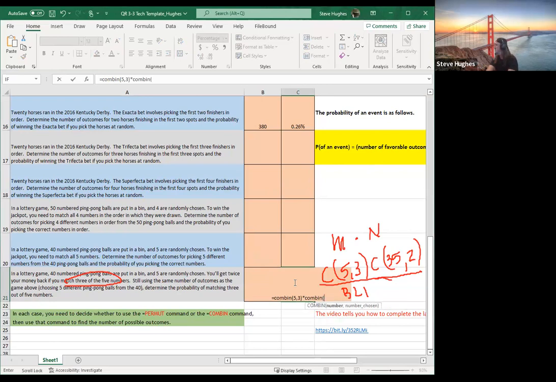It was 35, 2. Close my parentheses, divide by combination 40, 5.